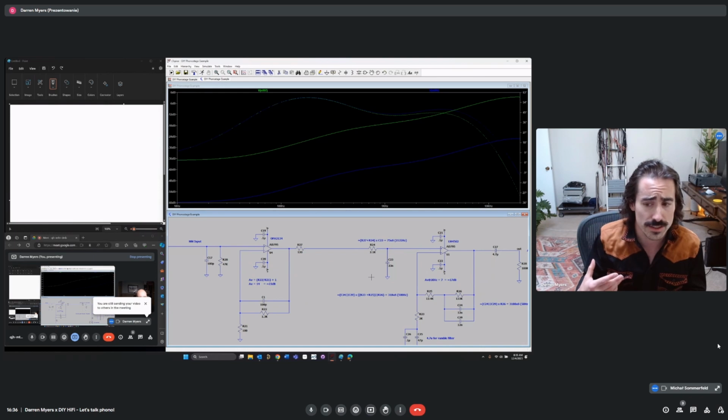So the reason why we wouldn't be able to use a higher impedance in these corrections is noise. Noise is something that's very important in phono stages because you're going to have so much gain. In this case, from the input to output, it's going to be a factor of about 100. So whatever noise you have on the input, the output is going to have 100 times more noise.